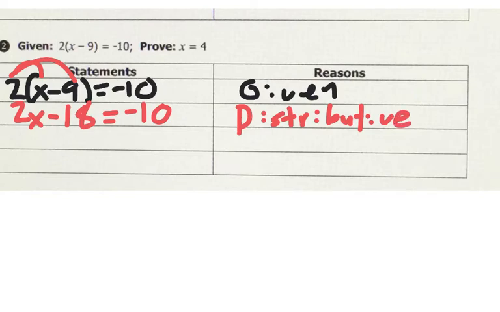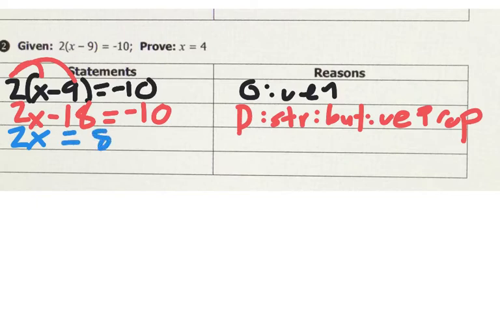How about you do the next thing? Come on, show us how you did the thing. What would be next? Okay, do the next thing. 2x equals 8.